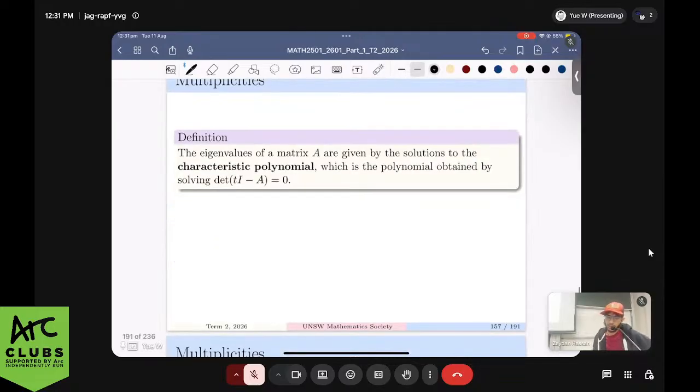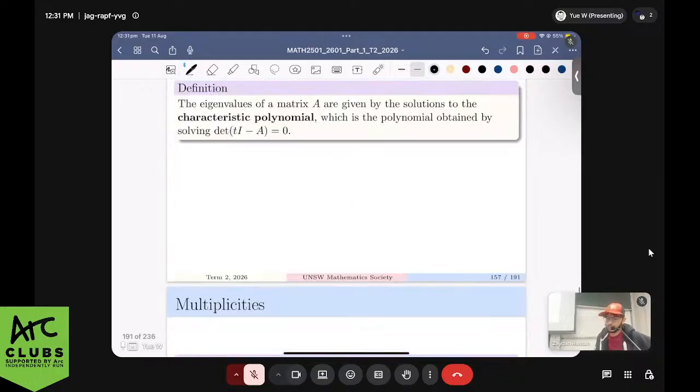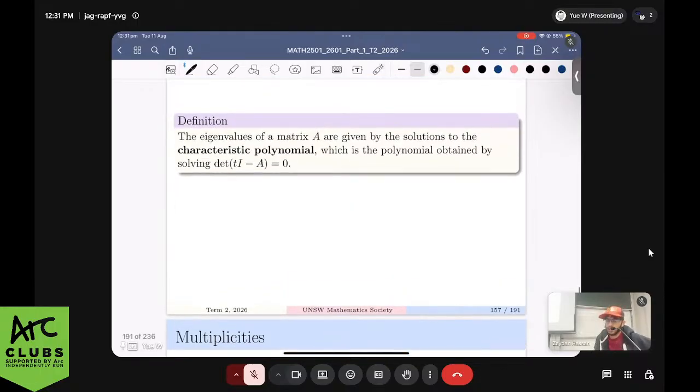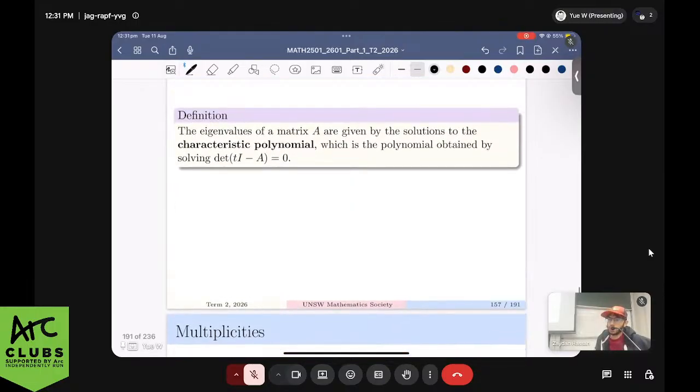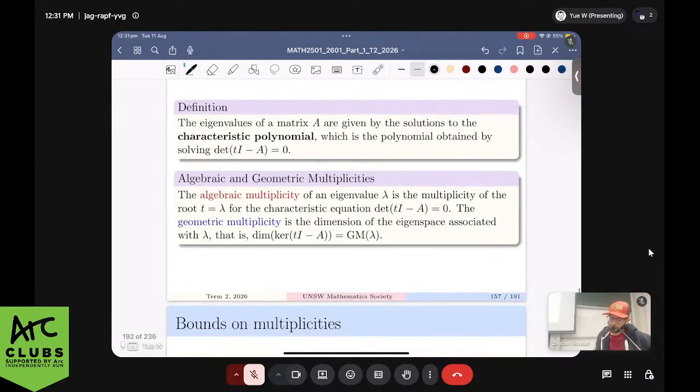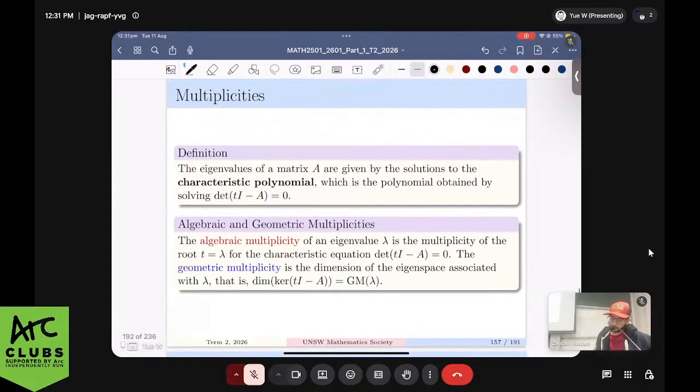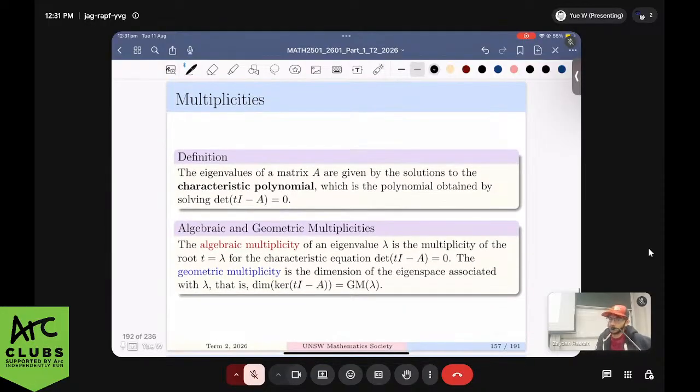Okay, so there's something called the characteristic polynomial, which is given by the determinant of tI minus A. This ensures that it's always monic. And if it's an n by n matrix, it will be a degree n polynomial. Okay, so multiplicities. There's some notion of an algebraic multiplicity and a geometric multiplicity.